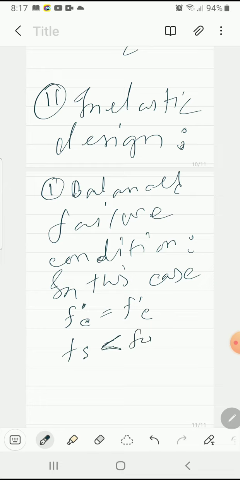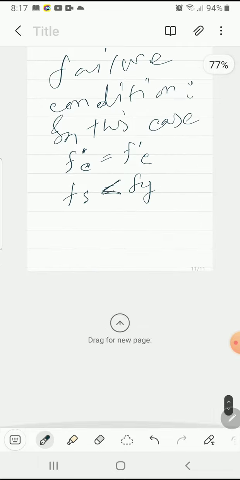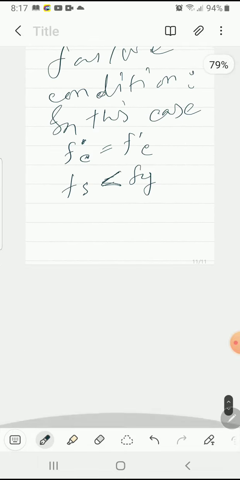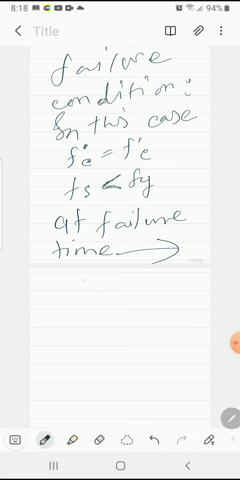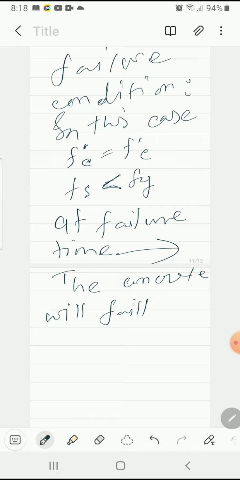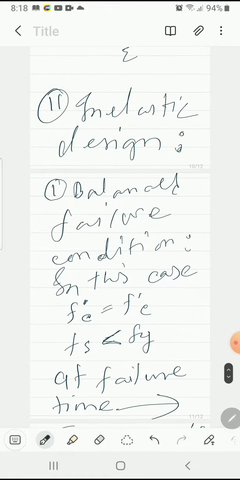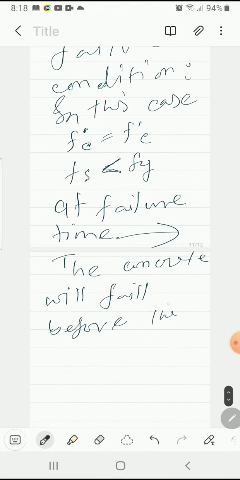fs less than fy. Okay, that means at failure time, the concrete will fail... sorry, this is balanced failure.